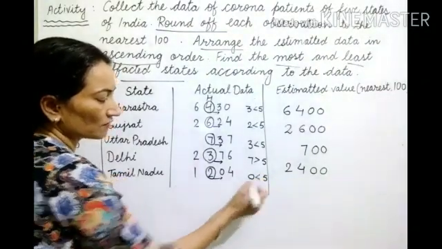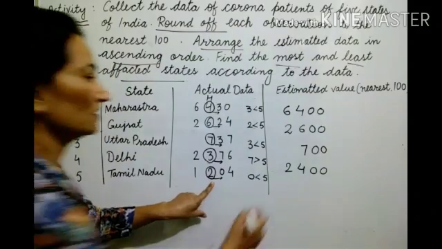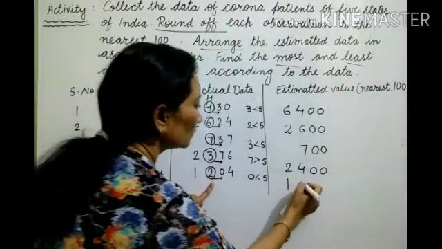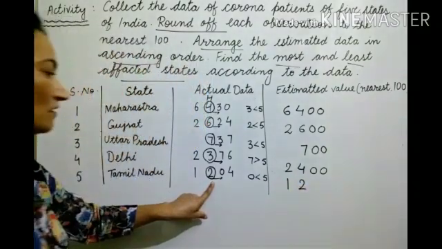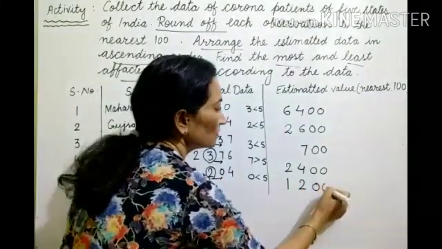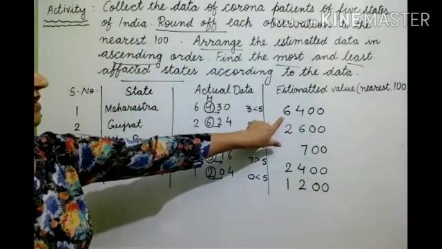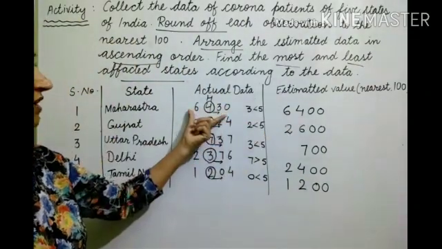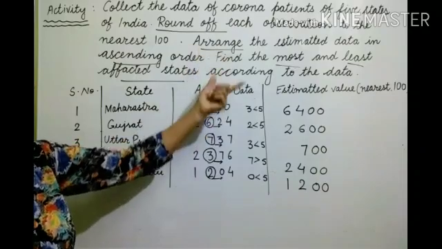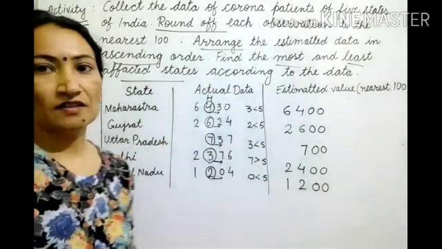As 0 is less than 5, there is no change in the 100 place digit. 1 will be written the same, 2 will be the same, and the last two digits will turn to 0. In this way, we estimate the actual number of patients in different states to the nearest 100.